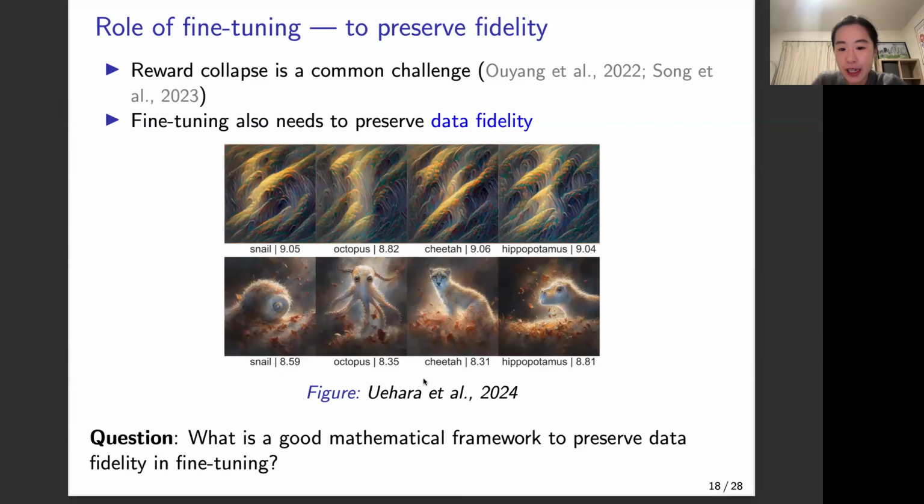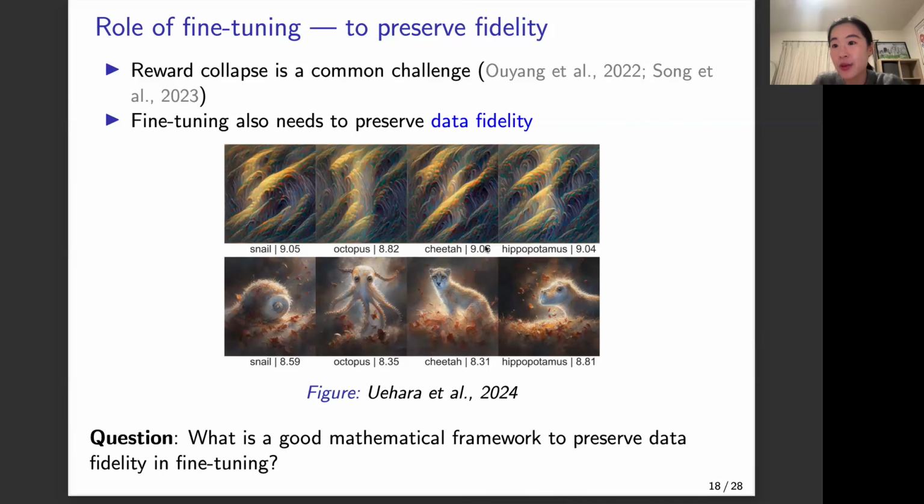For example, if we look at this image from the very nice paper by Yohara and his co-authors, we can see the scenario on the top line. The rewards of the images are very high, but they don't correspond to the context we want to simulate, because independent of whether we want to simulate a snail or an octopus or a cheetah, it always gives us the same thing.